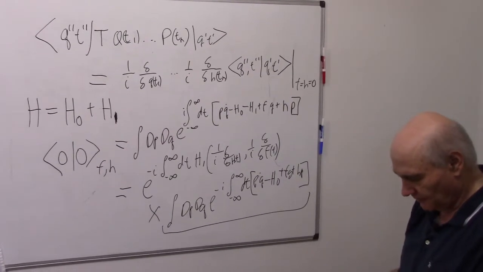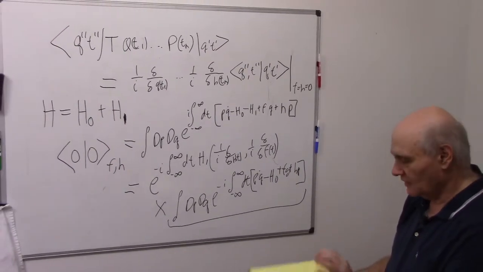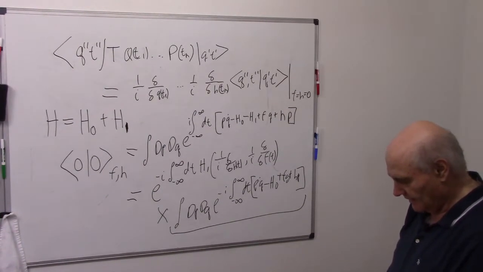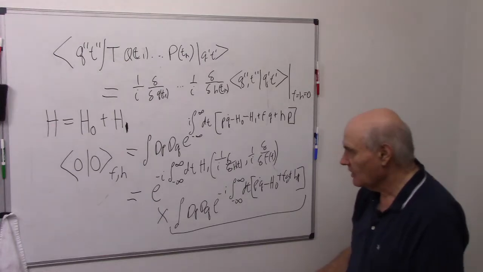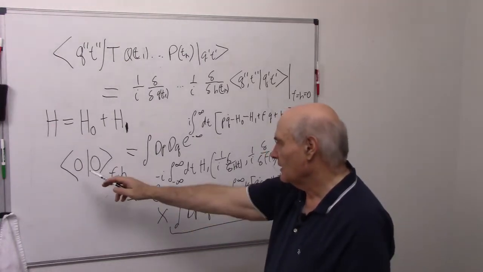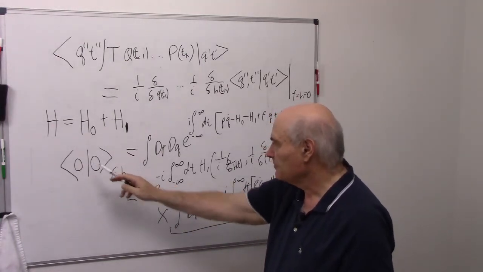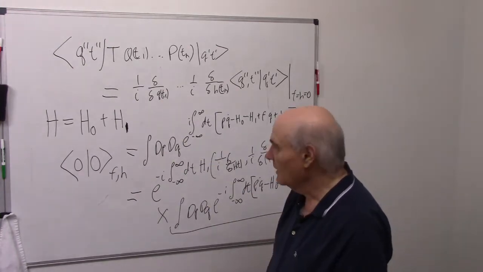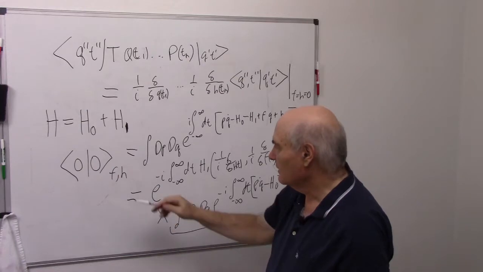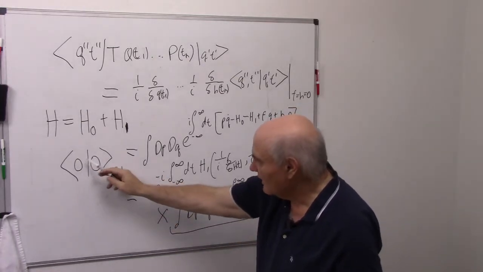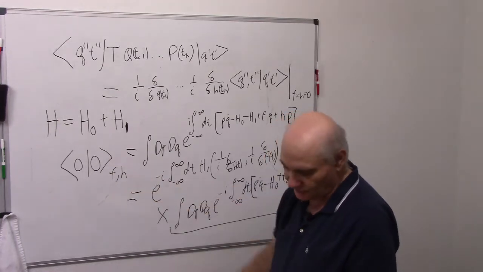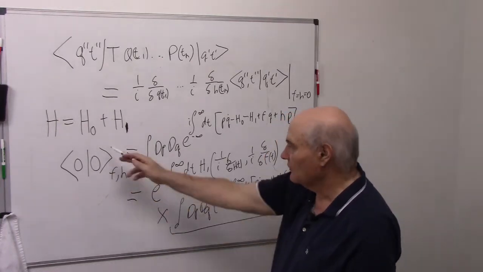So that's how, we'll see more of this in the next few sections of the book, but that's how perturbation theory works. Now I skipped over the vacuum to vacuum transition amplitude, and it's treated in the book. It's basically the idea that these are the boundary conditions, and if we go from minus infinity to infinity, this is the ground state, and only the ground state will be in the wave function at minus infinity and plus infinity.